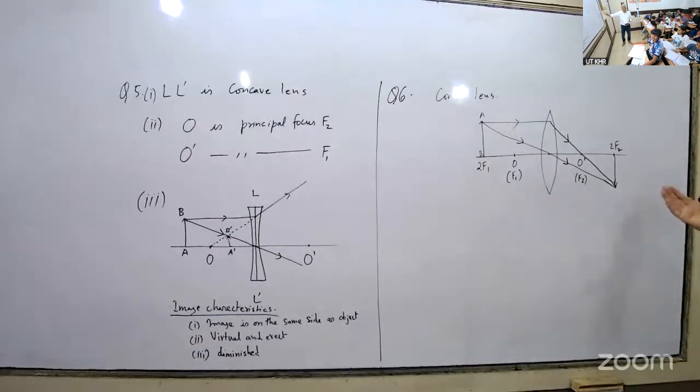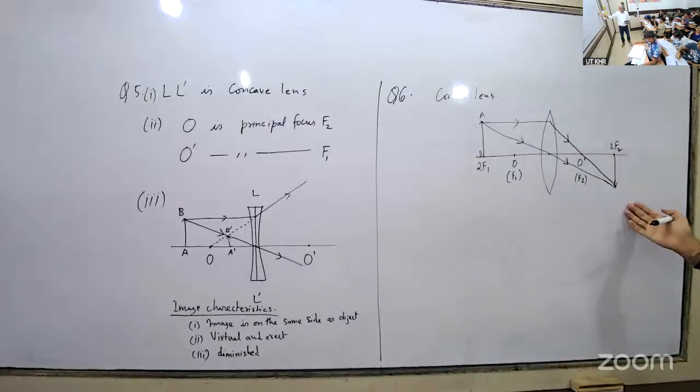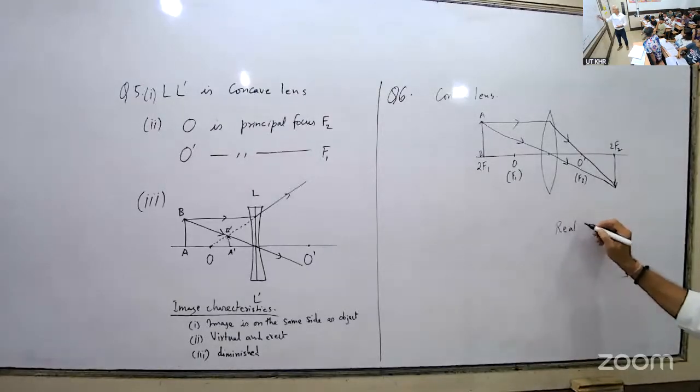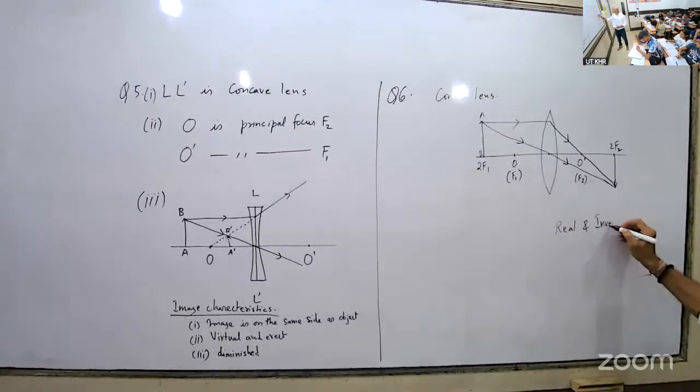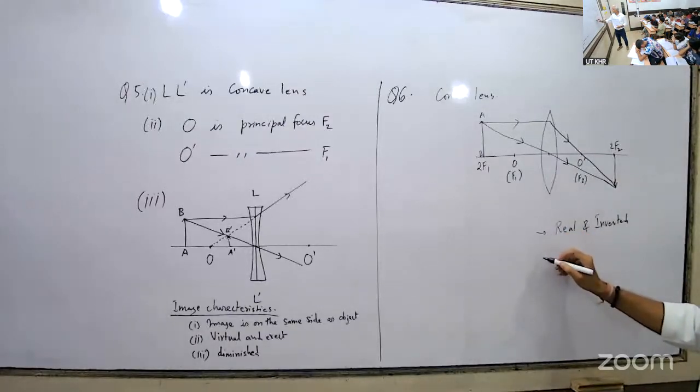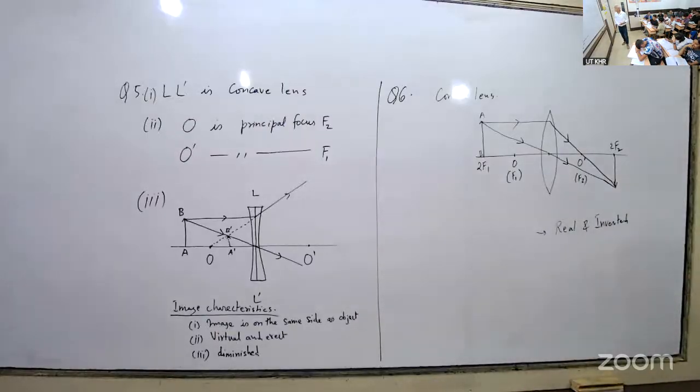One characteristic given is same size. Same size is given in the question. So the other two characteristics are nature, real and inverted. Not dimension, it is same size.